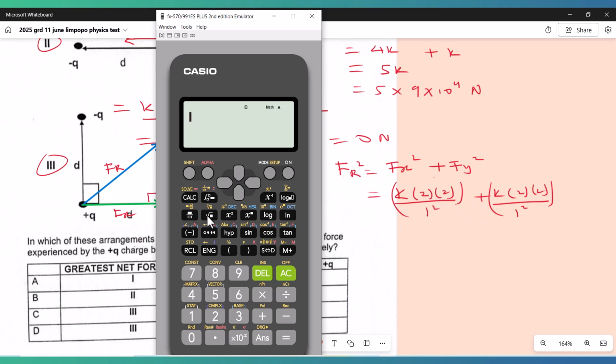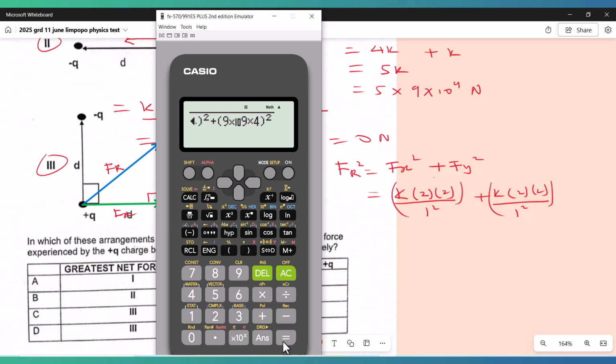So the square root of the first one, which is 9 exponent 9 times 4, bracket, squared, and then plus this other one, that is also 9 exponent 9, my K, times 4, bracket, squared.